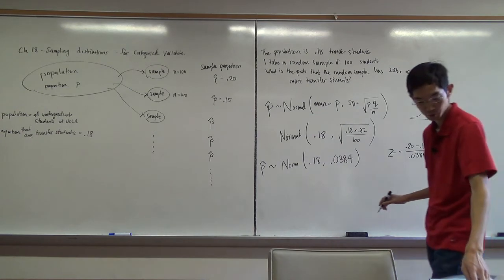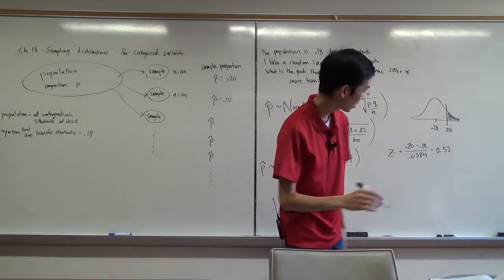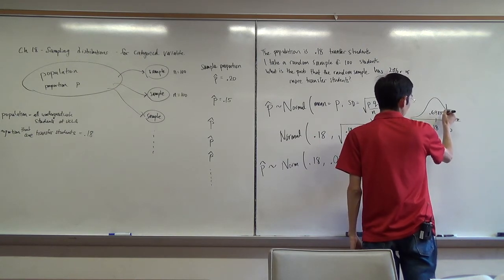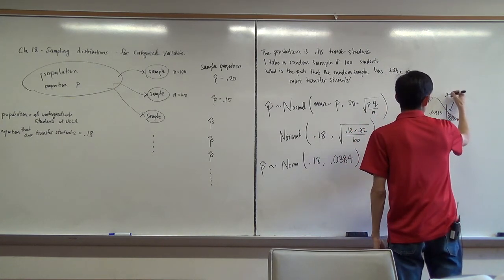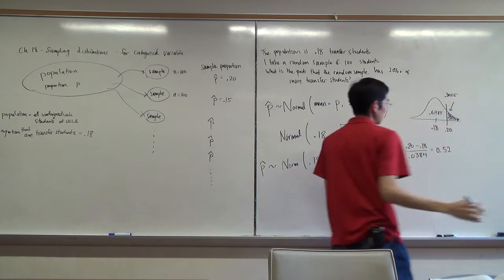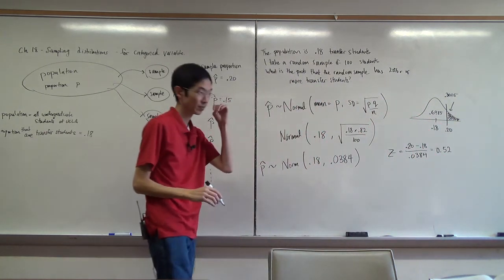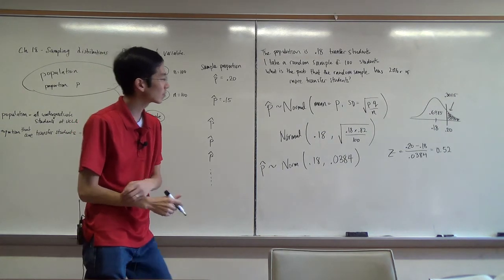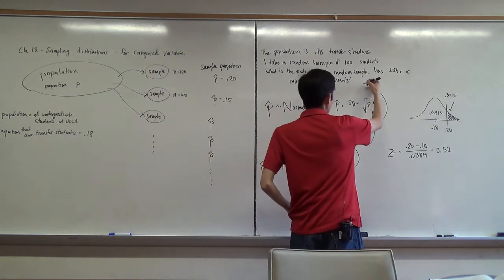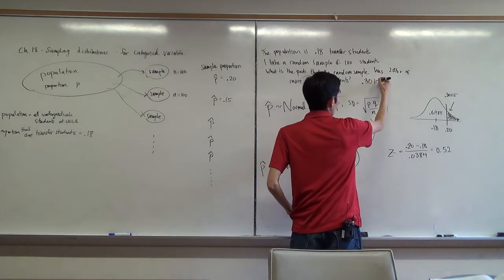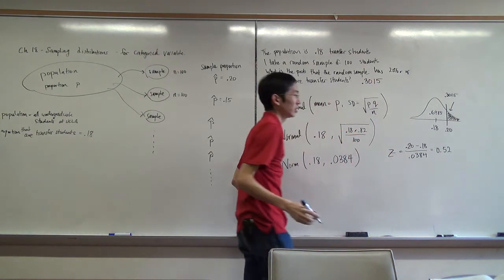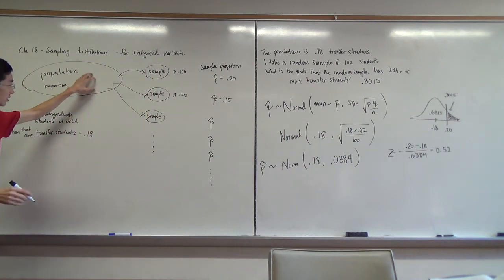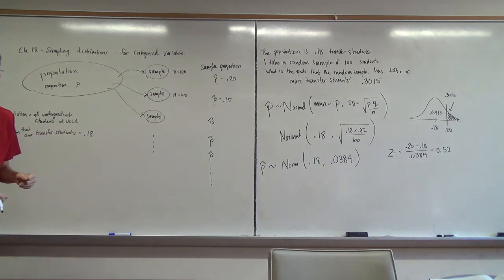I look up 0.52 and I get 0.6985, which means I have 0.3015 on that side. So my answer here is 0.3015.